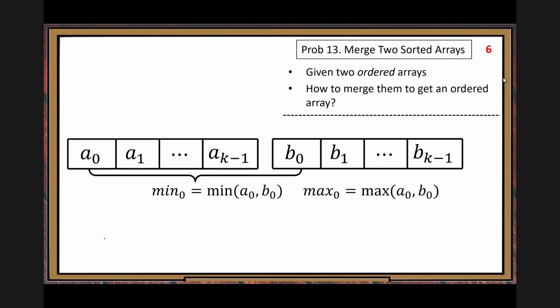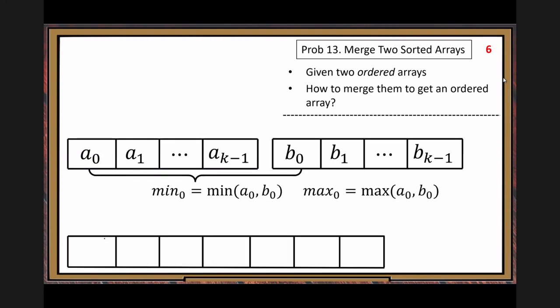That means we can put it in place. It's smallest, so we know its place in our destination array. After the first comparison, we put min 0 in place. Now, let's keep going in this way.